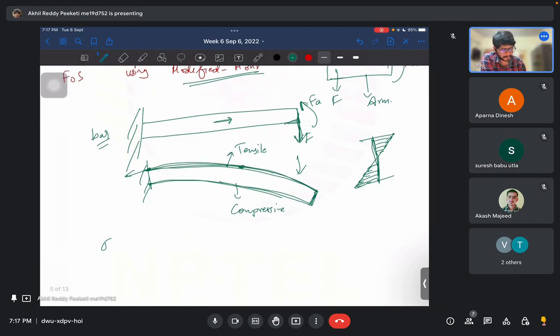Now we look at this point A where it's tensile stress.